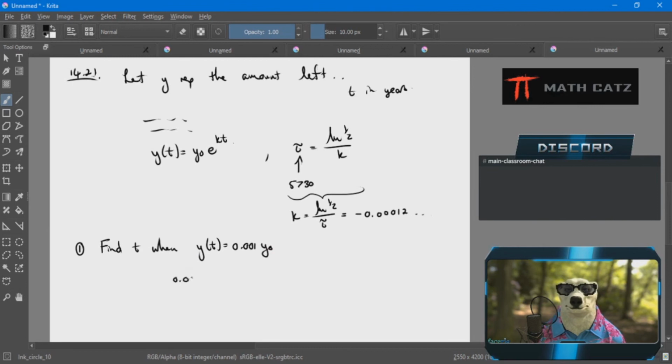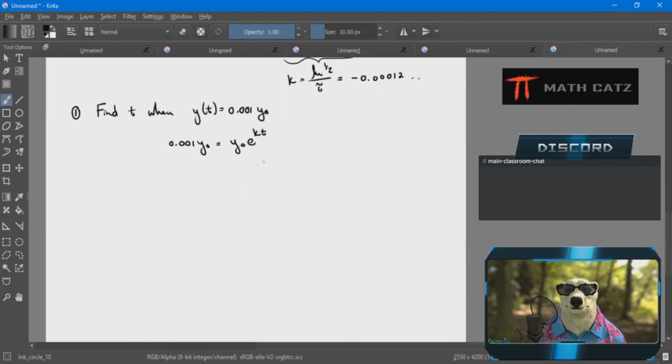So that means 0.001 of y0 is y0 e to the kt. Sorry, I want t, I have k. And again, I see I don't need the initial amount. e to the kt is 0.001.